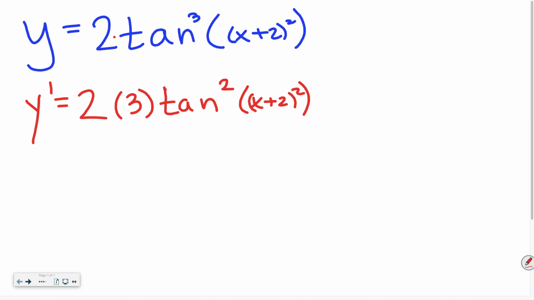So now that's the derivative that we need to take care of. What is the derivative of tangent? Secant squared. So we're going to write secant squared because that's our derivative, while keeping the inside the same. Inside of the tangent that we just took the derivative of is x plus 2 the quantity squared. So now we need to take that inside derivative.